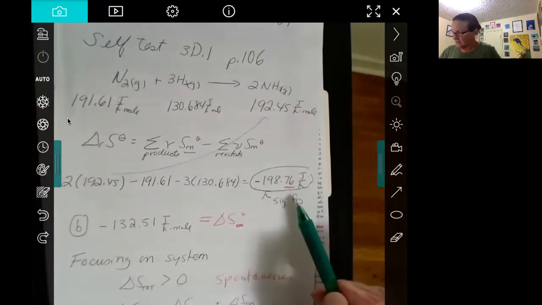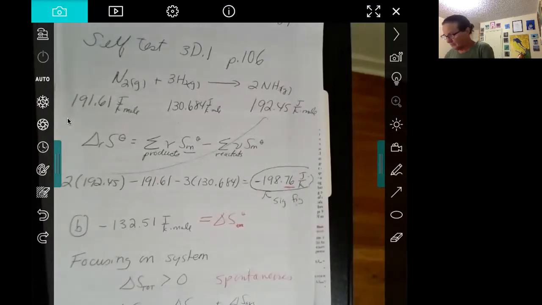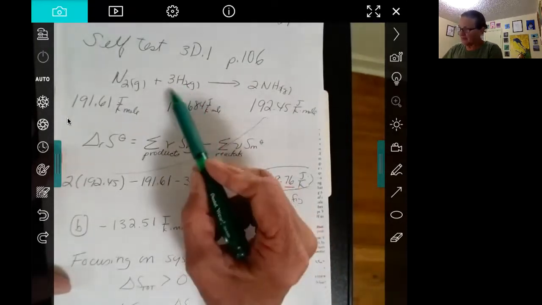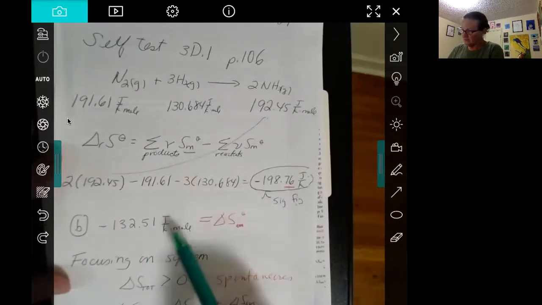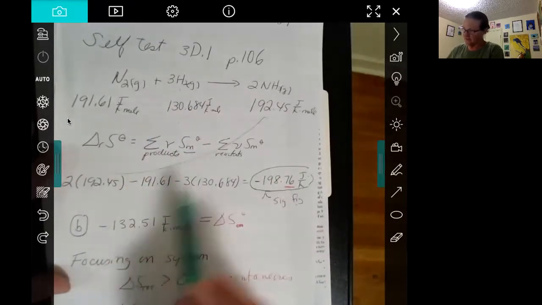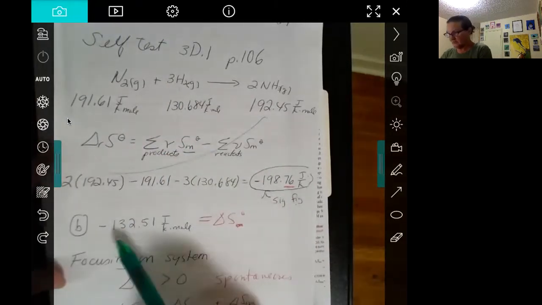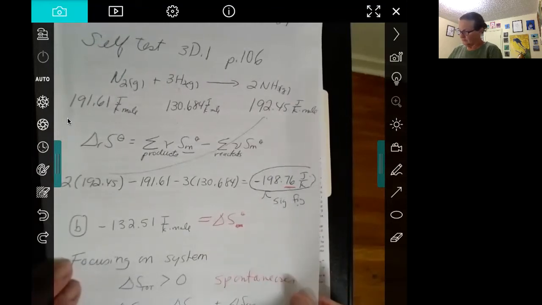So this number is the delta S for the reaction in units of joules per Kelvin. If we only used 2 moles of hydrogen, then we'd have 2/3 of this reaction taking place. So you could go back and balance this and plug those back in here, but you could also just notice that that's 2/3 of this. And so B, which asks for, if you're only using 2 moles of hydrogen, what would the delta S be? It would be negative 132.51.